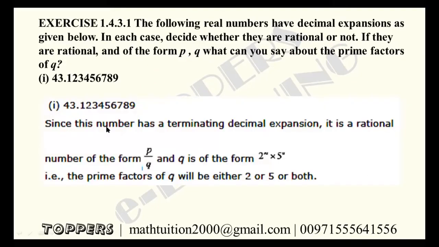So this number has a terminating decimal expansion. It is a rational number of the form P by Q, and Q is of the form 2 raised to m into 5 raised to n. The prime factors of Q will be either 2 or 5 or both. That is the conclusion. Next question.